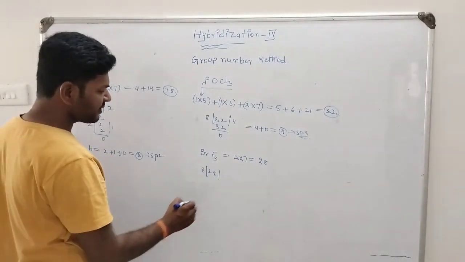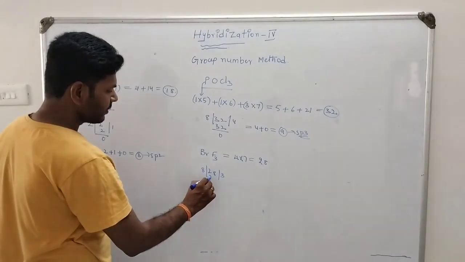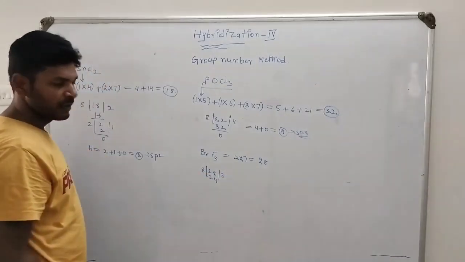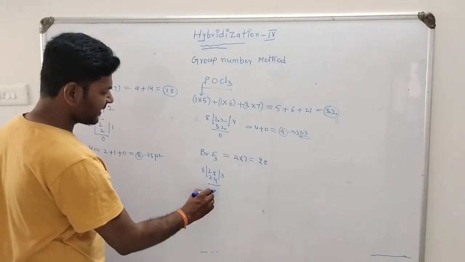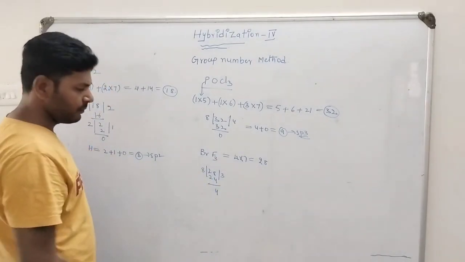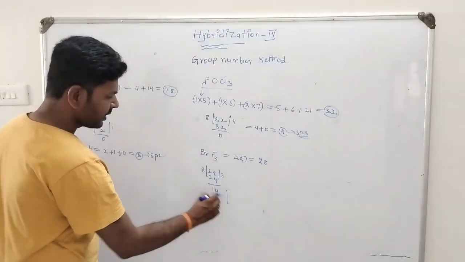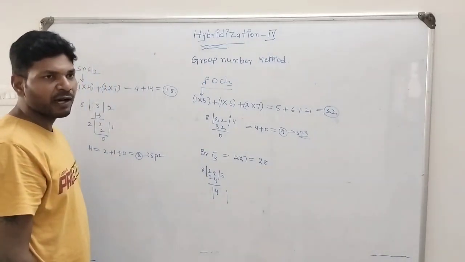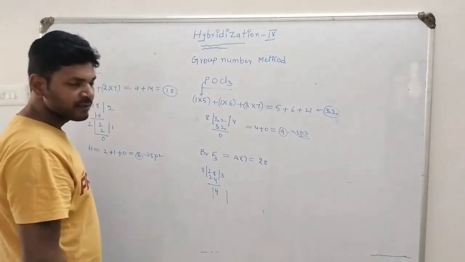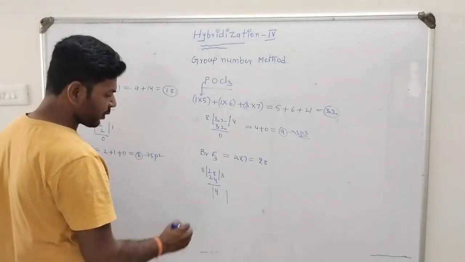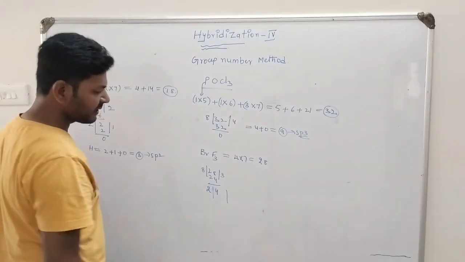How many times? 3 times, 24. Next, here 4. If the remainder is 0 or 1, we can stop. If it is not 0 or 1, then we will continue the process. So again we will divide with 2.